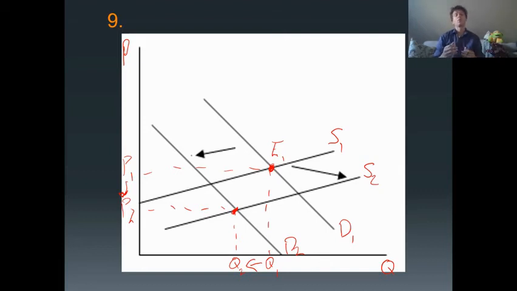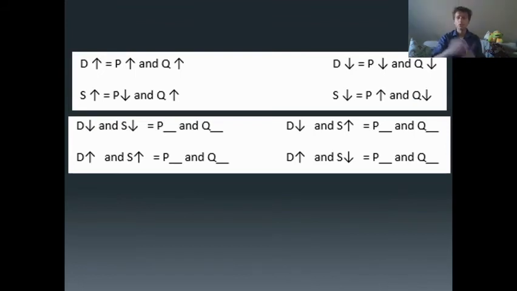If you think about what happened when the original curves shifted, this explains the dissonance that's going on. You have to think of when demand shifts, what are its individual effects on price and quantity versus what happens when supply shifts. If you look at this setup, demand, when it increases, will increase equilibrium price and quantity.